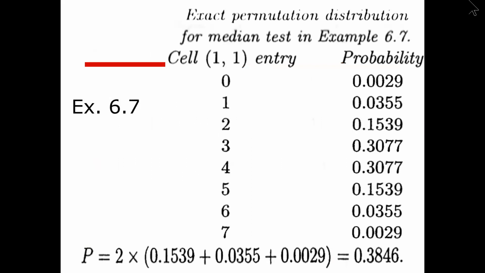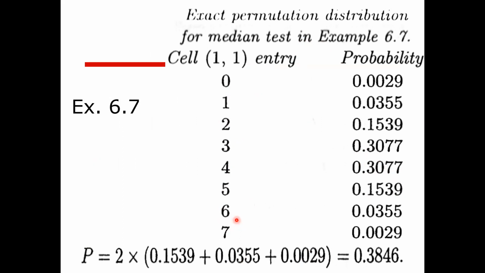For the permutation distribution table, there are only 8 values that A can get. And for this probability here, there are combination probabilities. And also because it's so discrete, there are only 8 values here.